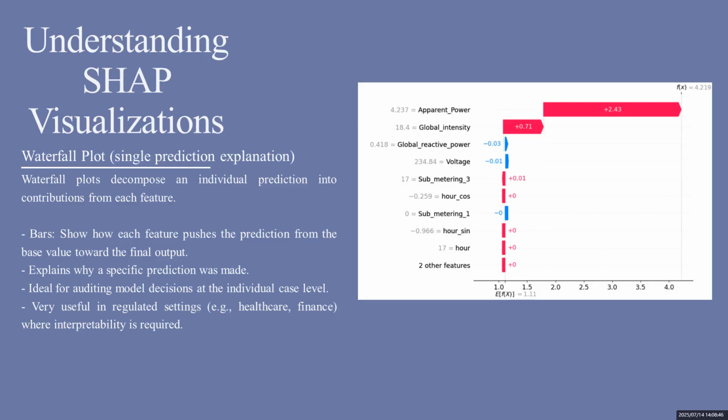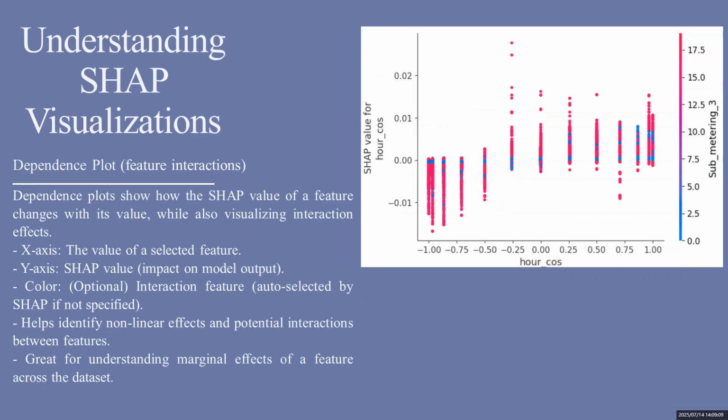We could see that submetering 3 has some form of positive impact, and then hour_cosine has no impact whatsoever. So this tells us the impact of how each feature contributes to the prediction.